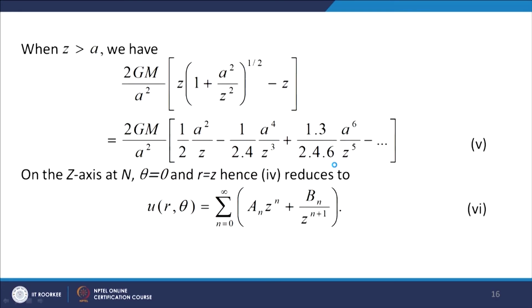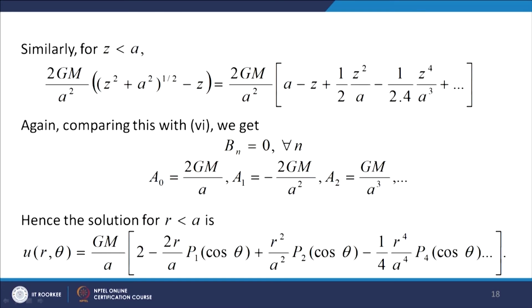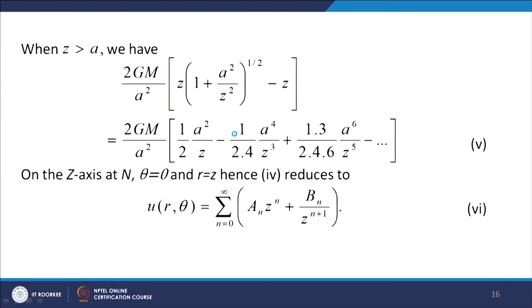Since z by a is less than 1, we can again expand it by binomial expansion, arrive here, and again compare this with equation 5, because we are getting this expression at the point n.